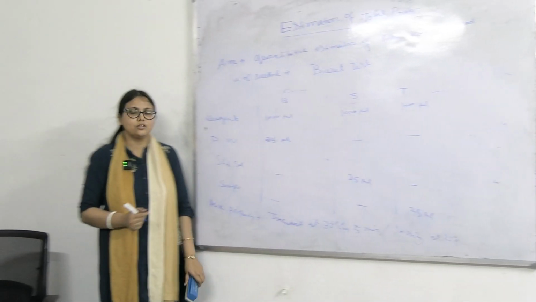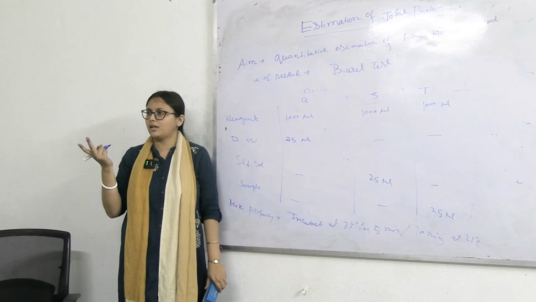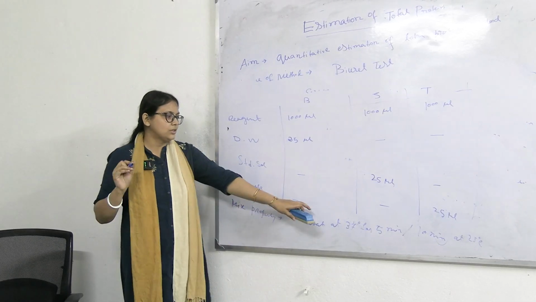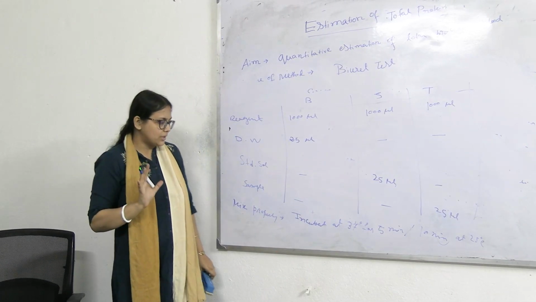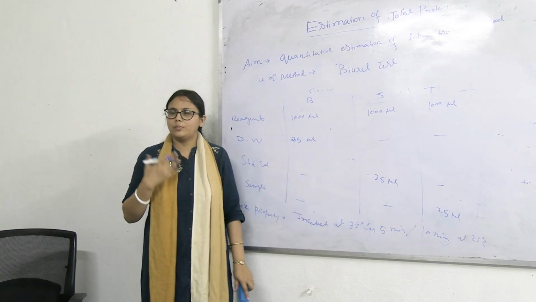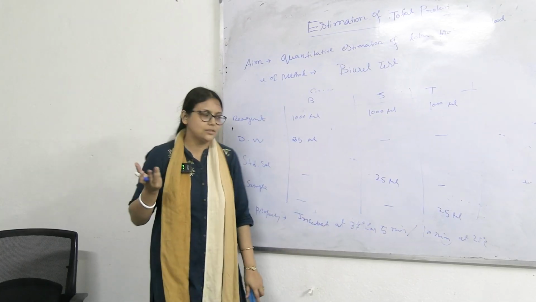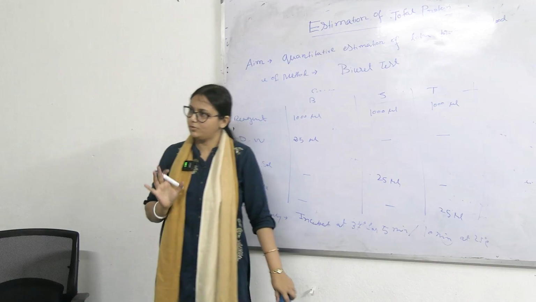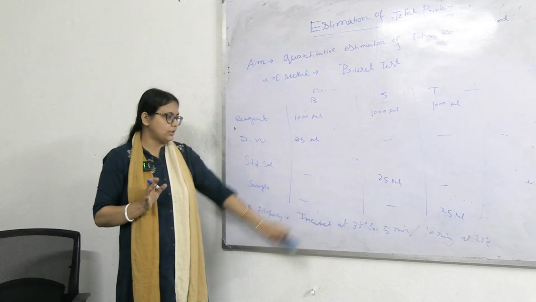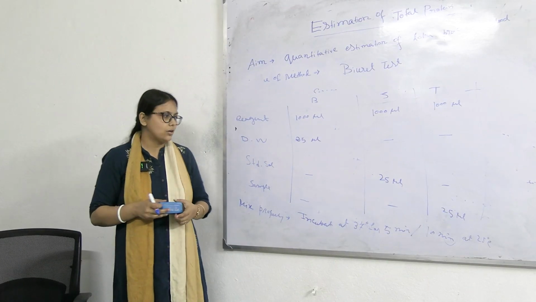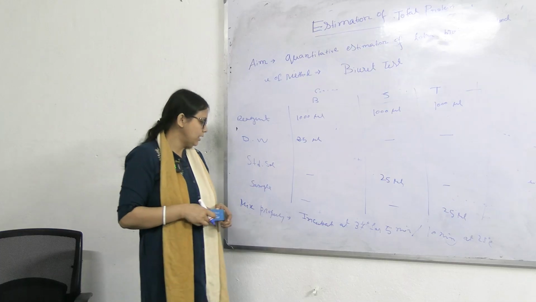But in summer the temperature already reaches around 40 degrees Celsius, so incubation is not needed; we just wait for 5 minutes. Or if your exam is in winter, then wait for 10 minutes. So incubate at 37 degrees Celsius for 5 minutes or 25 degrees Celsius for 10 minutes.